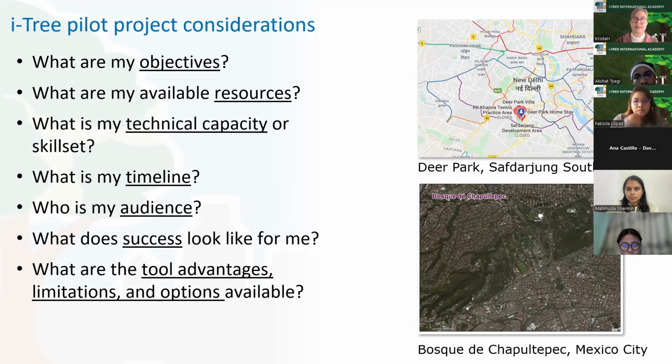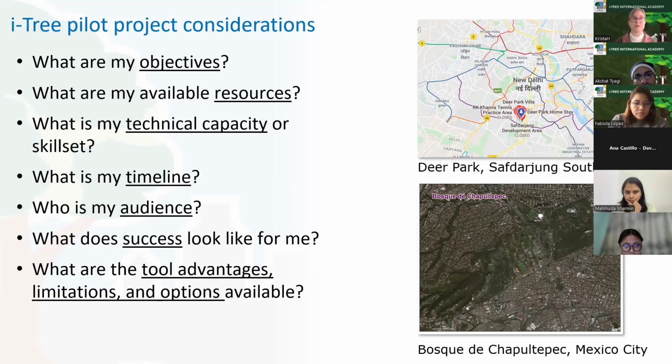And these ideas about what you are looking for from the results of such a project, and who you are trying to share it with? What are you hoping it's going to tell you? And so walking through a pilot project like this is going to help you understand, again, what ECO can and cannot do, but it's also going to help you understand why customization can be really helpful.